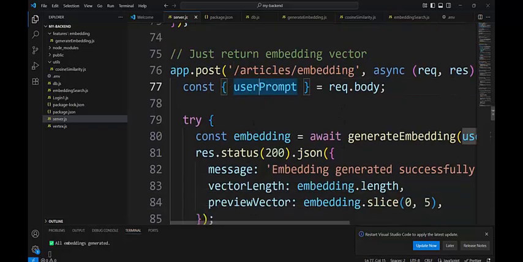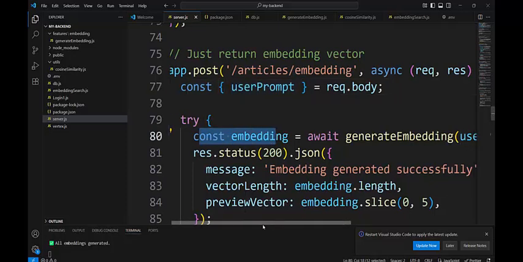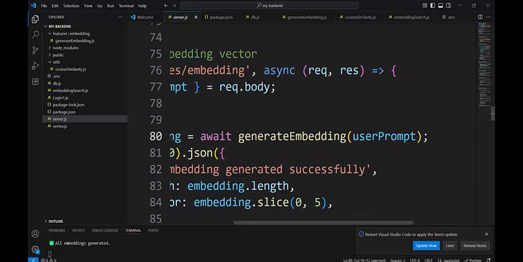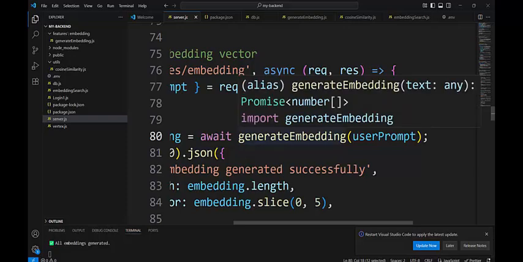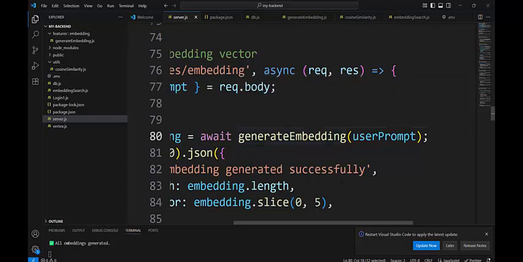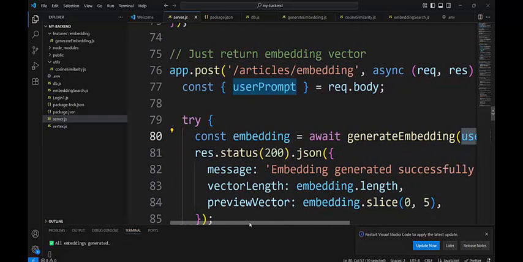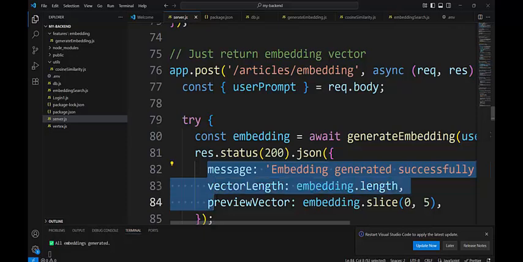Okay, and look, we declare a constant embedding and await the generate embedding function. Generate embedding is a function connected to the embedding model. The user prompt goes to the embedding model, and what would be returned? If all is okay, we see this on the screen.